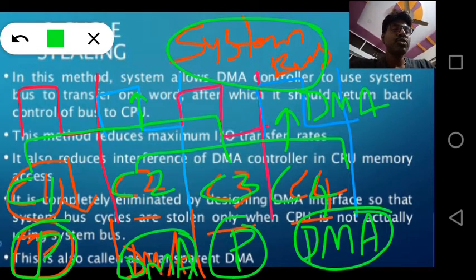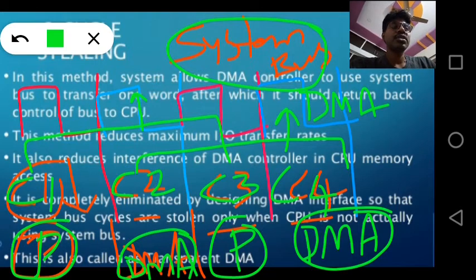You can see that both processor and DMA are busy. They are not sitting idle for a longer period of time. So this is the advantage of the cycle stealing method. But the disadvantage is that it takes longer for DMA in this technique to transfer a large amount of data.